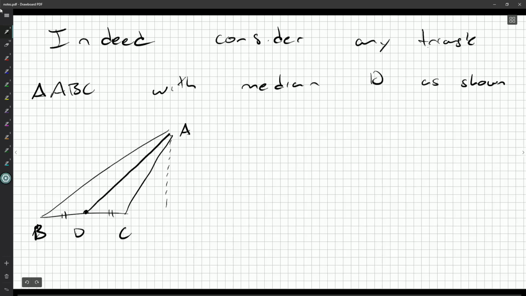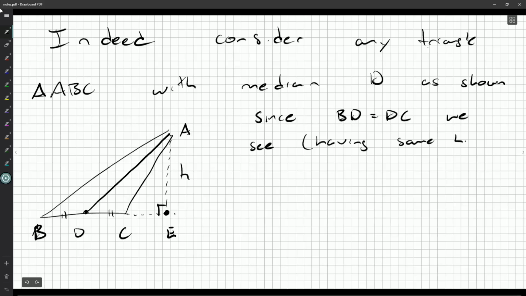If I extend BC out to a point here, maybe call it E, so that we've got a right angle, we've got an H here. Since BD is equal to DC, because remember a median splits the opposite side, we see having the same height H, 1/2 H BD is the same as 1/2 H DC.